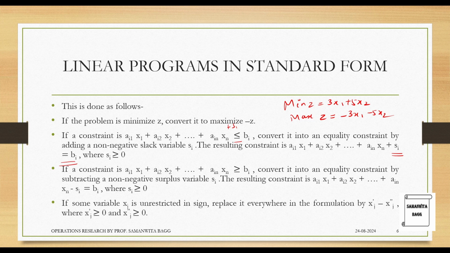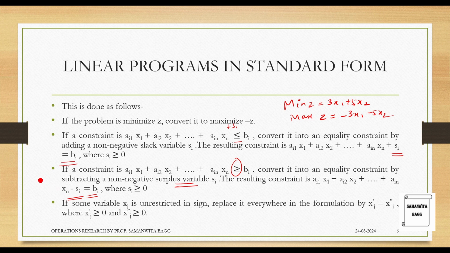If a constraint, as you can see here, is greater than or equal to, convert it into an equality constraint by subtracting a non-negative surplus variable Si. So this will now be like this: minus Si is equal to Bi, Si is greater than or equal to 0. Now you would be wondering how Si will be equal to 0.